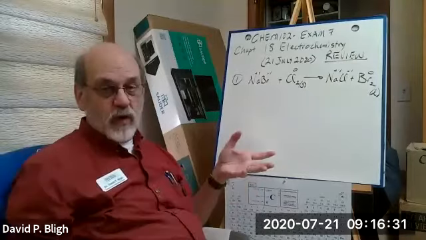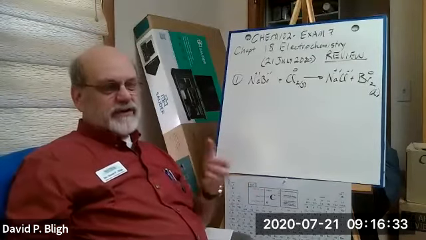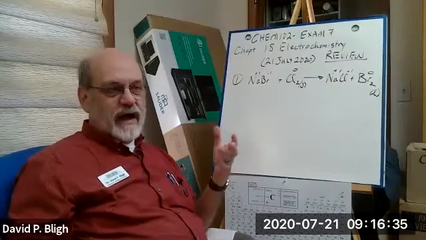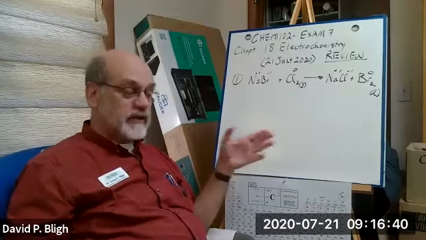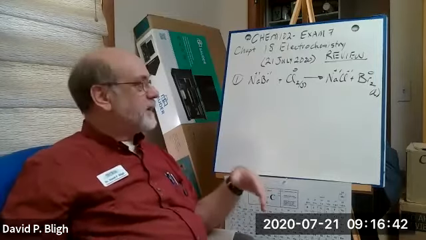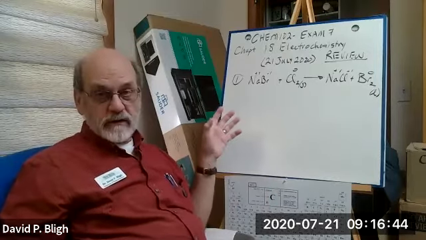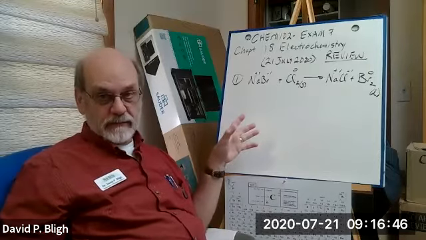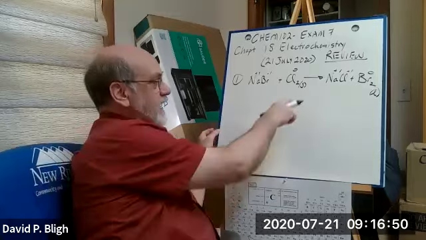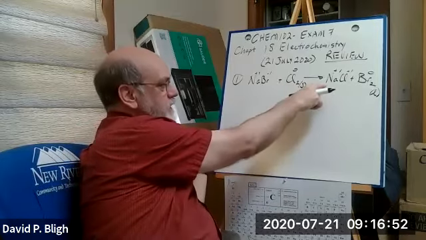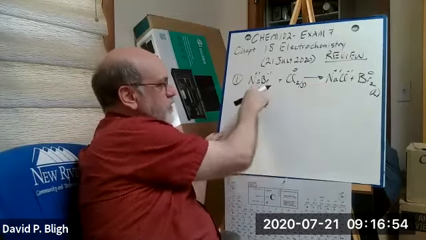Now we need to balance the equation. Do we need to balance the equation by half reactions? We eventually need to get to half reactions, but we might be able to balance the equation in a molecular state without using the half reactions. It looks to me like we need 2 chlorines over here and 2 bromines over there.